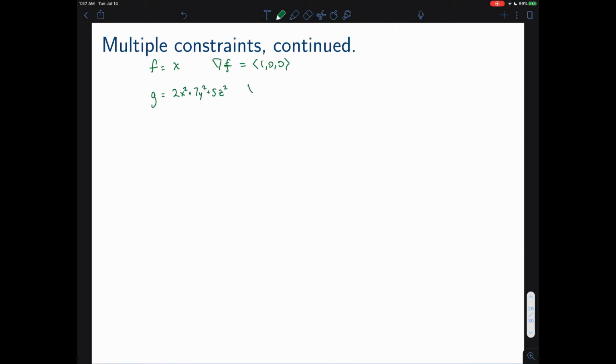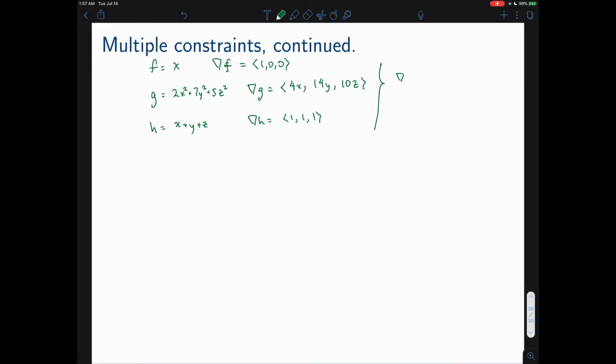Then the gradient is, do you know? 4x, 14y, 10z. And our last constraint function was x plus y plus z, and the gradient there is 1, 1, 1.